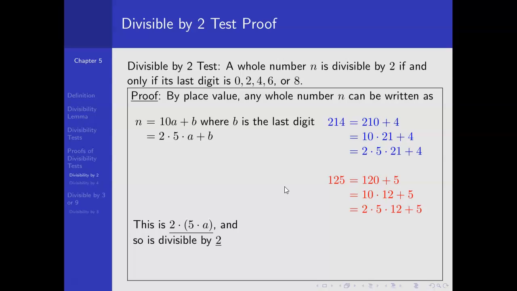Okay, so this gives us in our proof, and so this is where the arrow would be in our proof. So we've got our first bit here, the 2 times 5 times a. That part is clearly divisible by 2 because we have 2 times something.